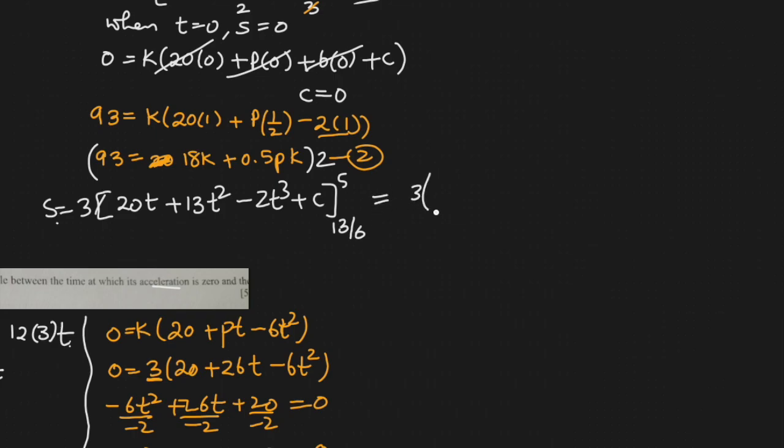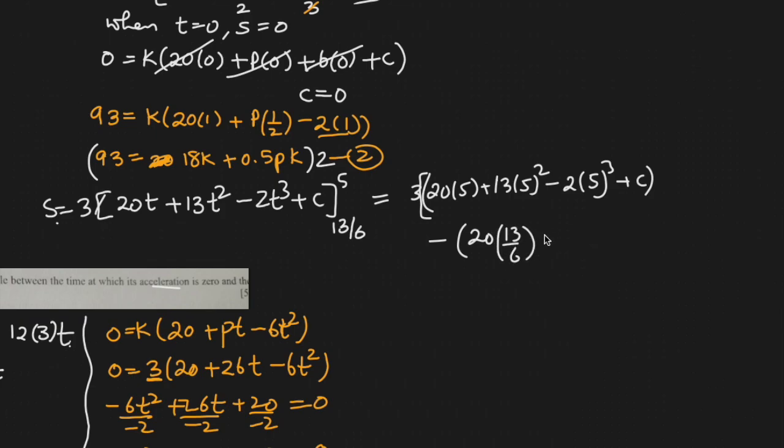Okay, so the answer will be 3 times [20 times 5 plus 13 times 5 square minus 2 times 5 cube plus c] minus, let me bring this 3 here only, [20 times 13 over 6 plus 13 times (13 over 6) square minus 2 times (13 over 6) cube plus c].